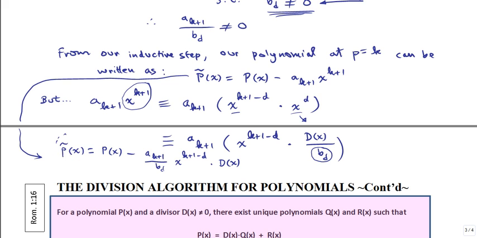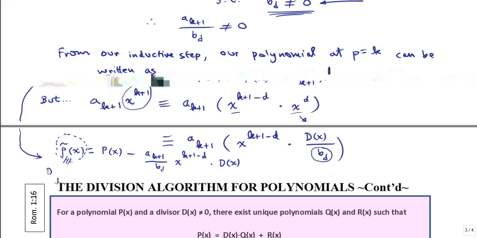Let's remember what that was. That was the kth inductive step assumed polynomial, which is d of x times the q tilde of x plus the r tilde of x.